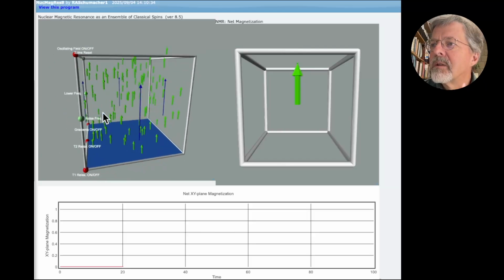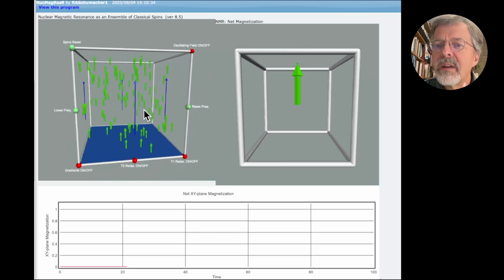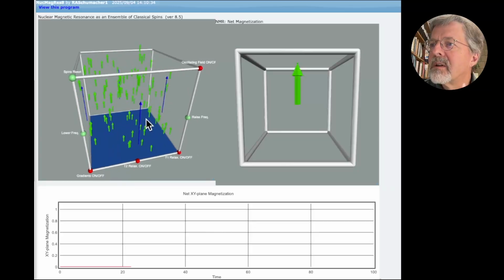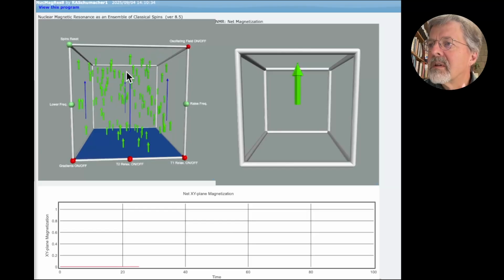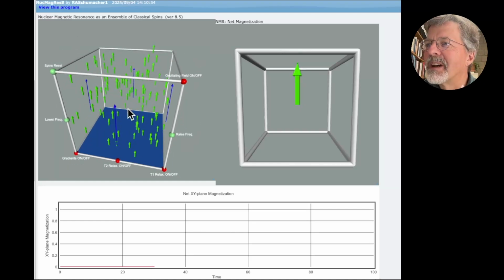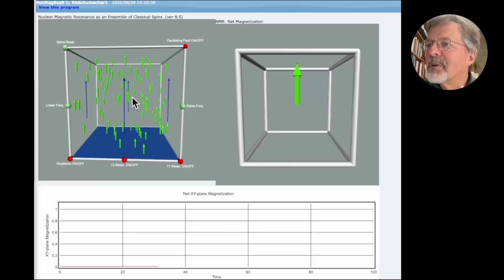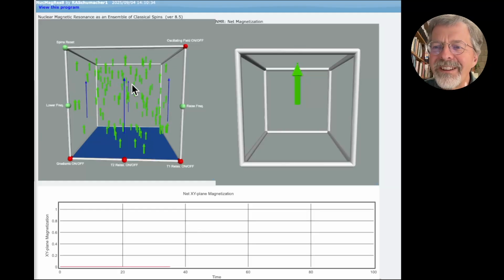I'd like you to imagine the big blue arrows to be the external magnetic field into which we place the sample. So the individual green spins act like little bar magnets, and they align themselves to the external magnetic field. So that's our family of spins that we're going to manipulate.